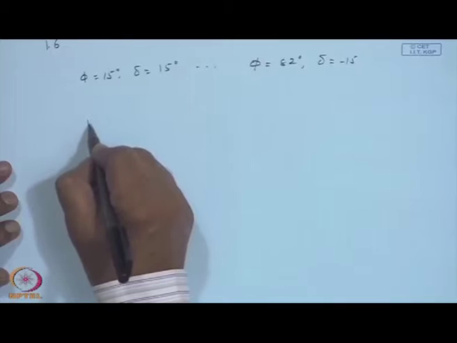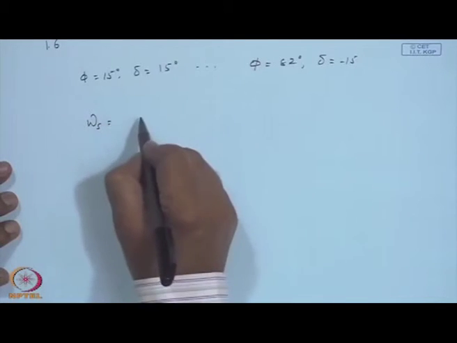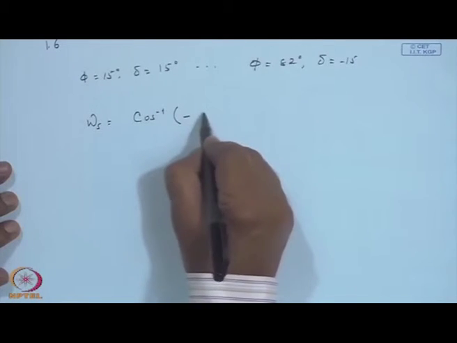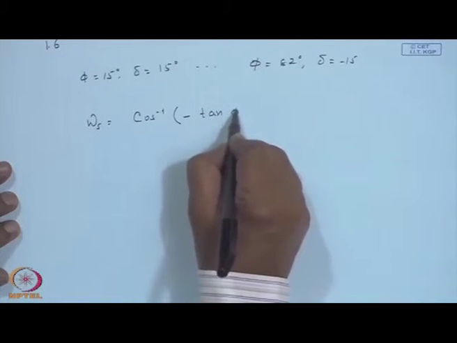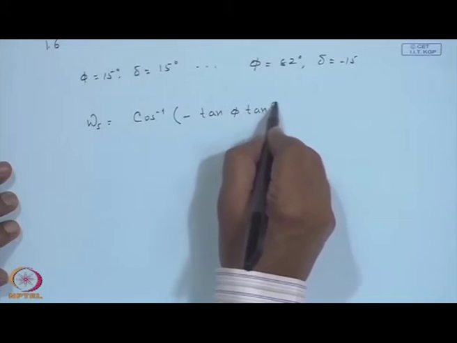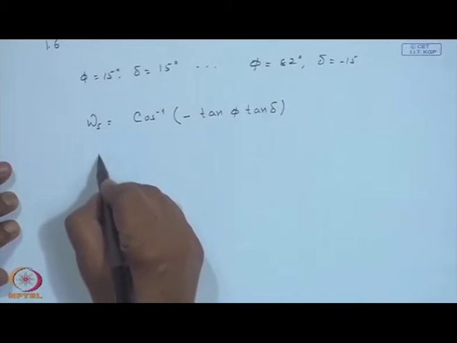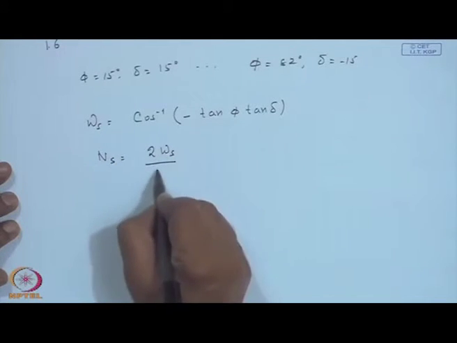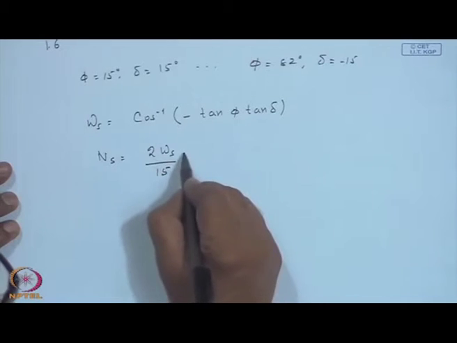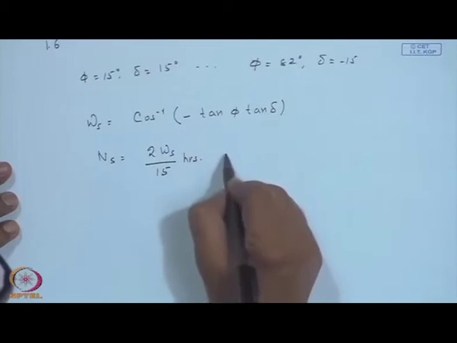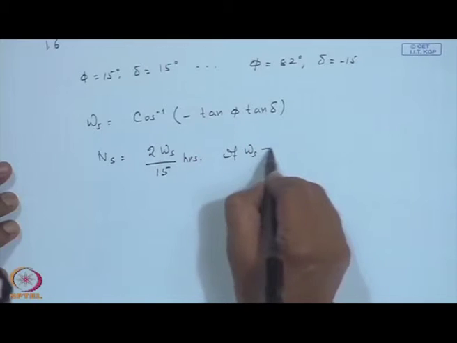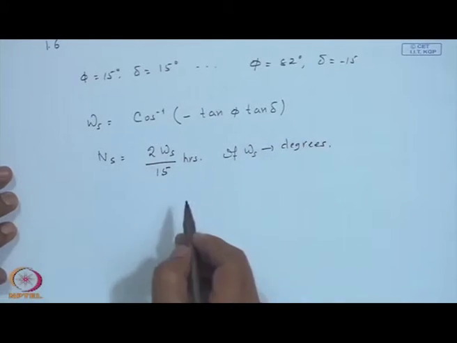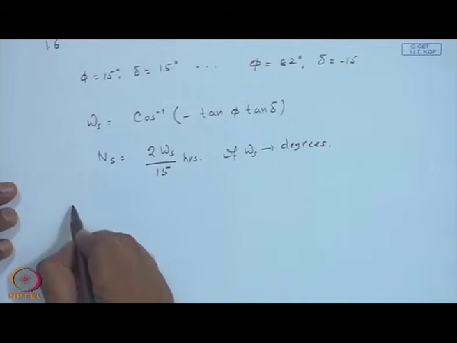So, first the formulae: omega s is given by cosine inverse of minus tan phi tan delta, and the number of sunshine hours is twice omega s by 15 hours if omega s is in degrees. So, we will go one by one.